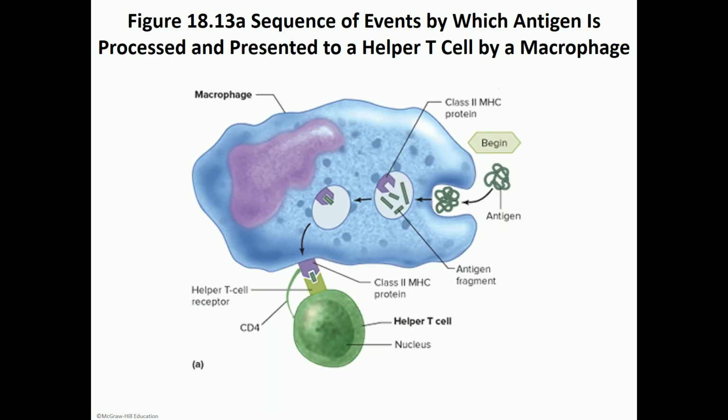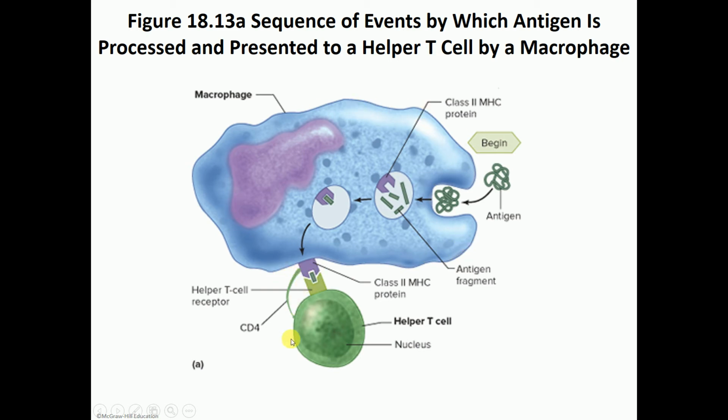So you can see here a macrophage that is going to engulf the antigen. It'll break it down and then take a little part of the antigen and present it on its class 2 MHC on the surface membrane of the macrophage.